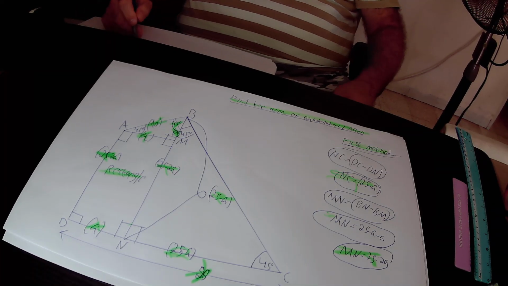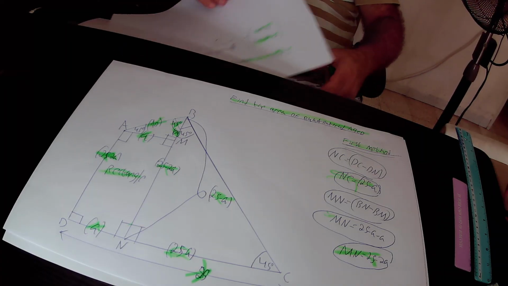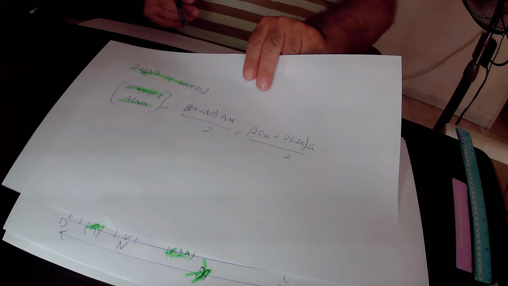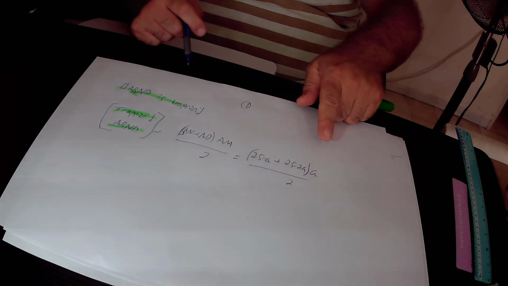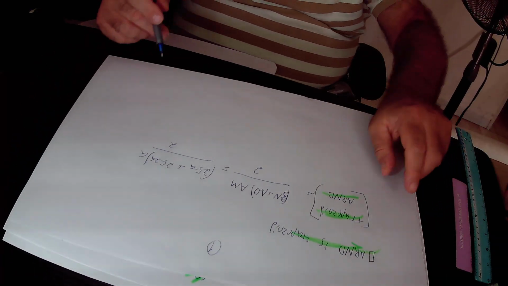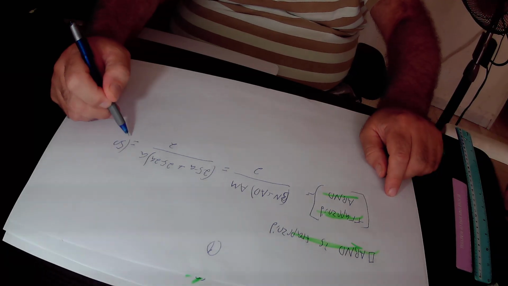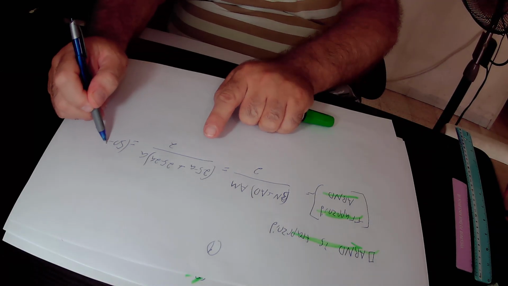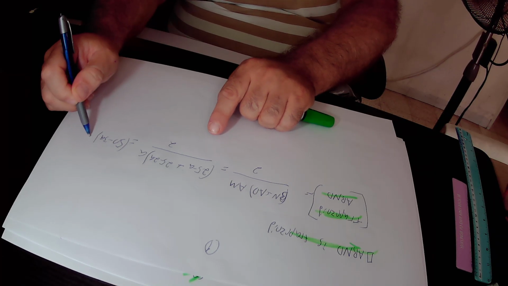So in total, the area of this trapezoid ABND is equal to 25 minus A plus 25 minus 2A, times A over 2. 25 plus 25 is 50, minus A minus 2A is minus 3A, times A over 2.